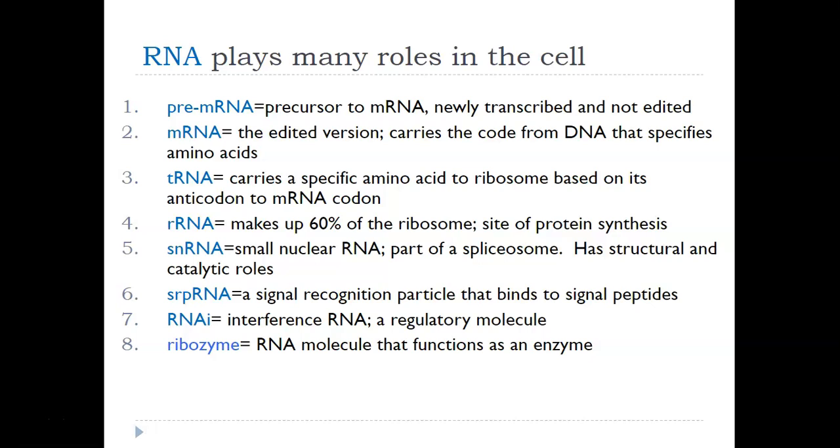That's a signal recognition particle, and it binds to specific peptides. Interference RNA, we will come in contact with later also. It has an ability to essentially turn off the synthesis of particular proteins. And then ribozyme, which is an RNA that can actually act as an enzyme, which is kind of cool.